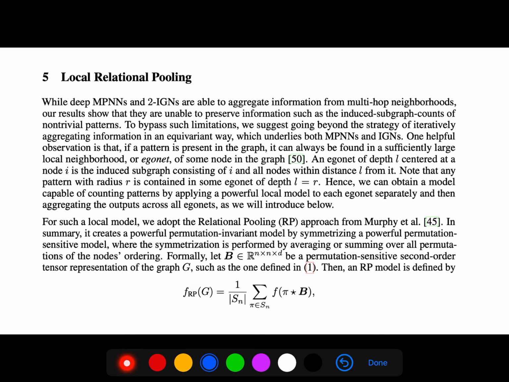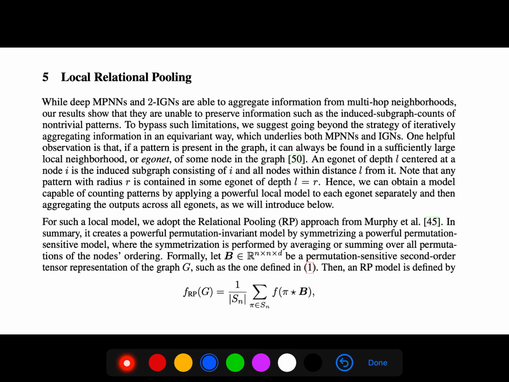One helpful observation is that if a pattern is present in the graph, it can always be found in a sufficiently large local neighborhood or egonet of some node in the graph. An egonet of depth L centered at a node I is the induced subgraph consisting of I and all nodes within distance L from it.